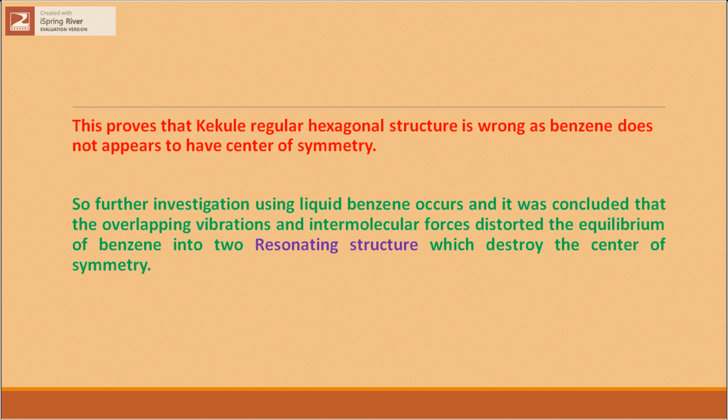So, by further investigation using liquid benzene, it was concluded that the overlapping vibrations and intermolecular forces distorted the equilibrium of benzene into two resonating structures which destroy the center of symmetry in the structure.